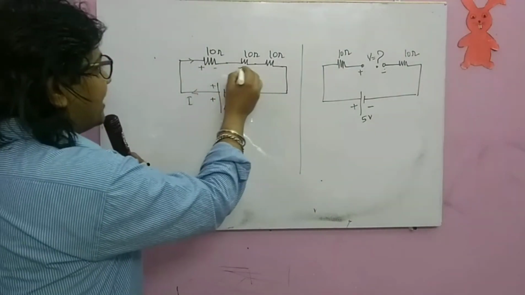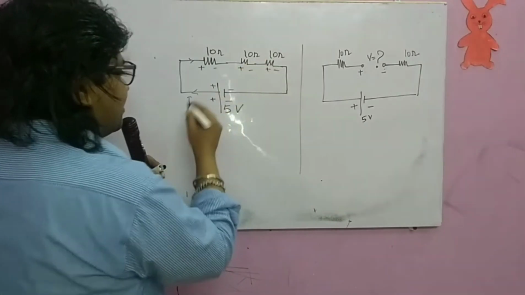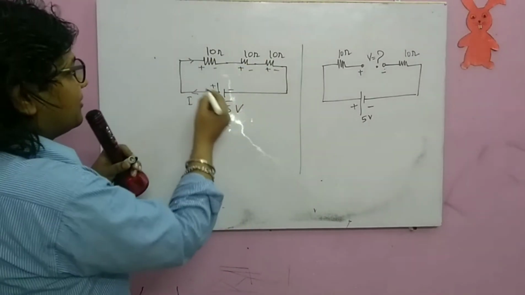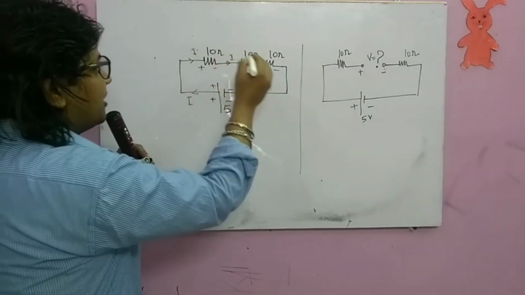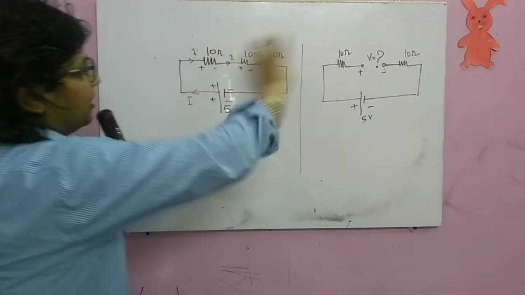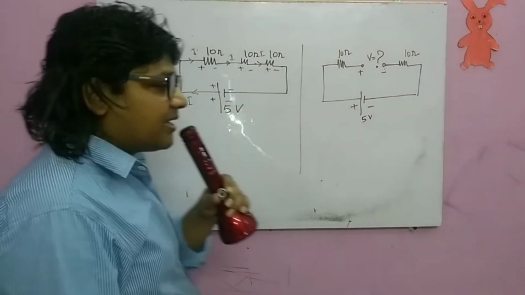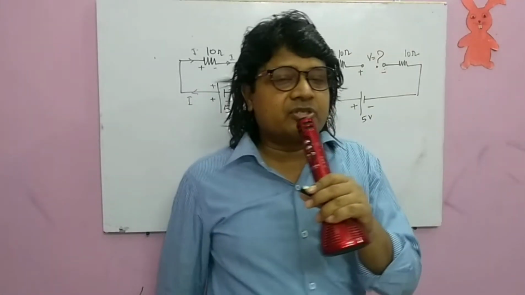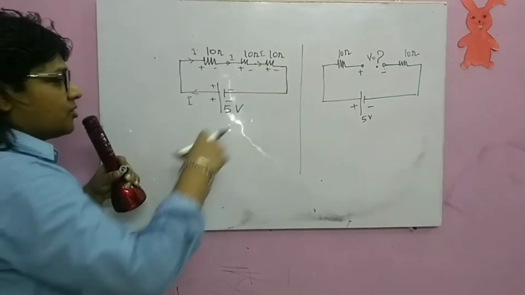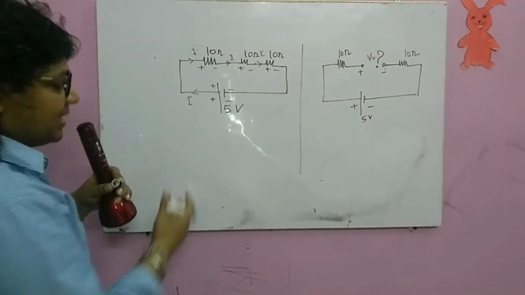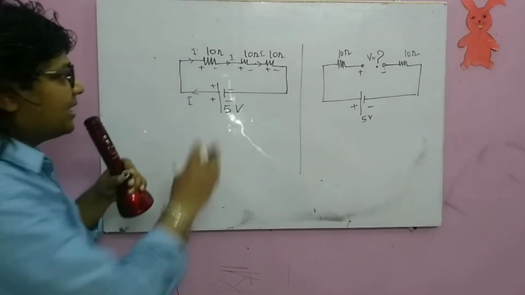So you can write the KVL equation here. You will write 10I ampere flowing in all the three resistors, because they are connected in series. It is given in the question, because they are connected in series, the same current will flow. So we can apply KVL.